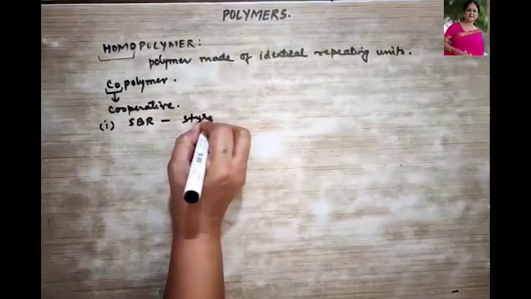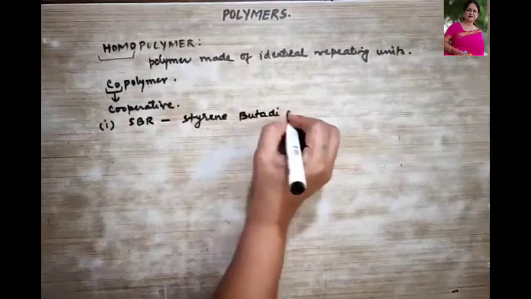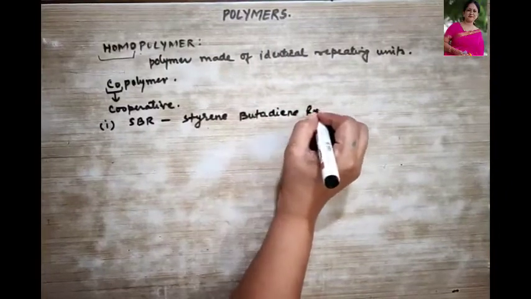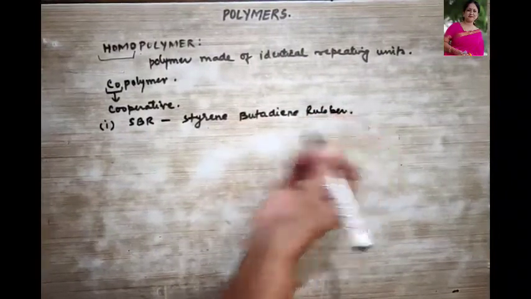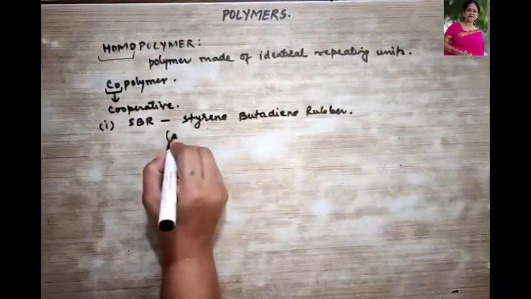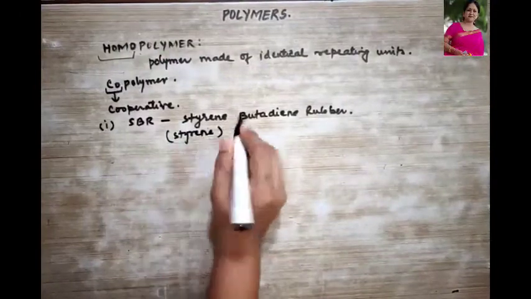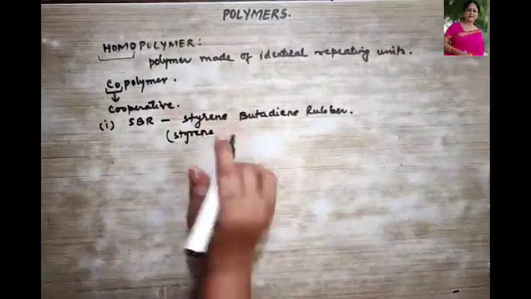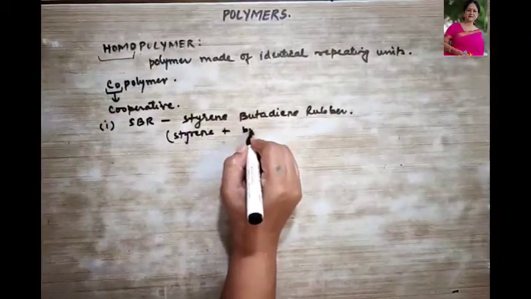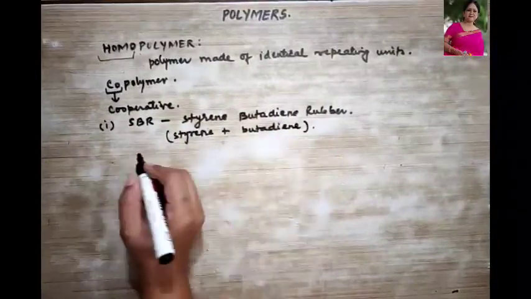It is styrene butadiene rubber. Let us understand what it is made up of. As the word suggests, it is made up of styrene plus butadiene. So let's look at the structure.